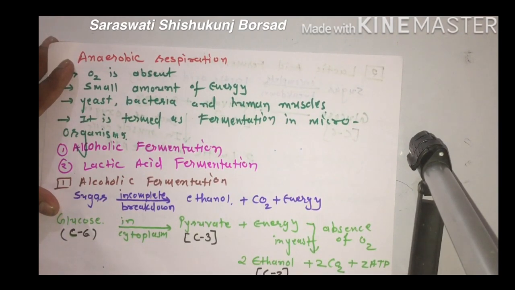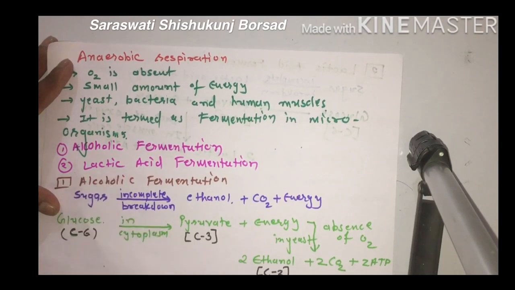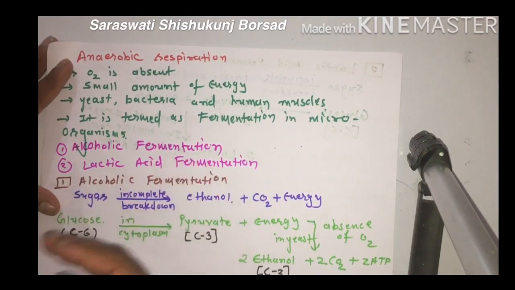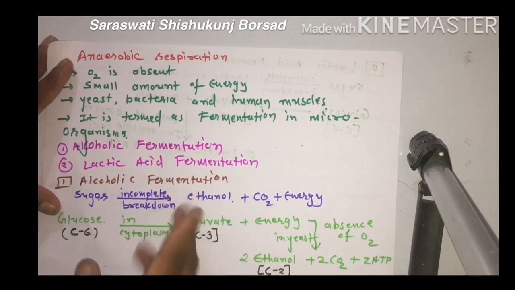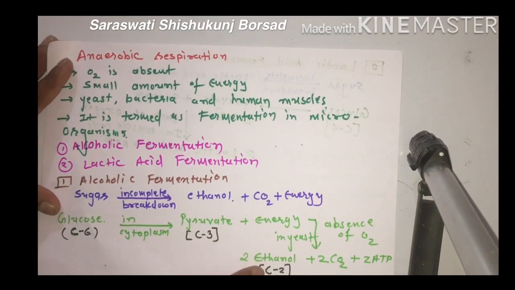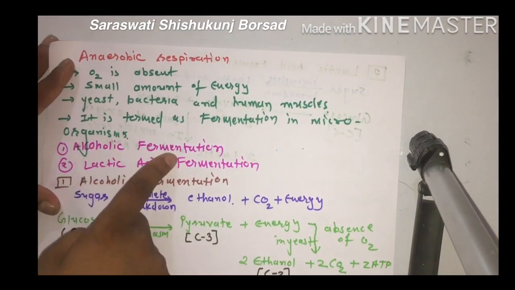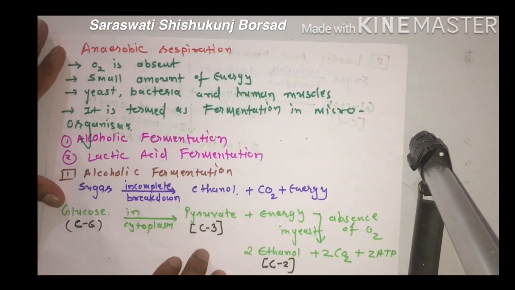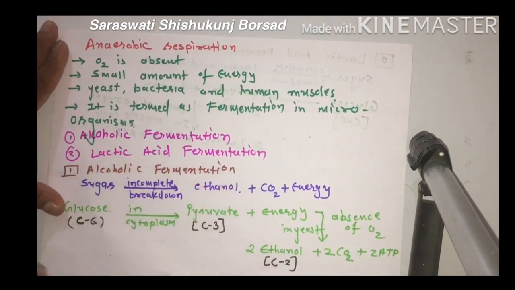If we talk about it in detail, there is alcoholic fermentation and lactic acid fermentation. We have just divided anaerobic respiration according to its product. If we are getting ethanol as a product, that is alcoholic fermentation, and if we are getting lactic acid as a product, that is lactic acid fermentation.